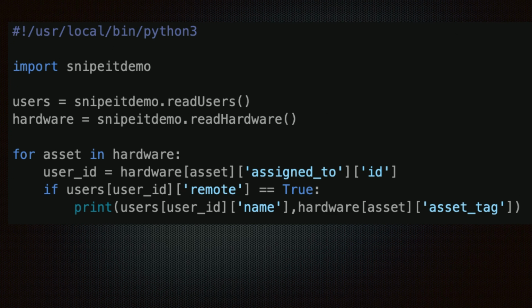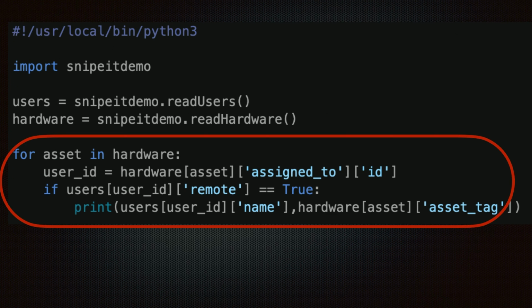Here you'll see I've got the hardware table that I pulled down, which was a JSON object, and within that I'm getting an ID, the asset ID, and within that asset I'm drilling down another level to get assigned to, and that's actually another dictionary that within it has the ID of the person it's assigned to, and that's what I'm using to go over the requesters table and pull their name.